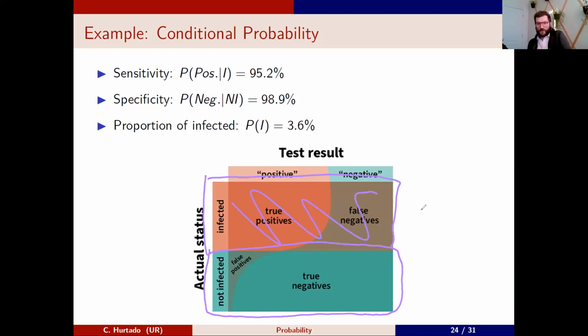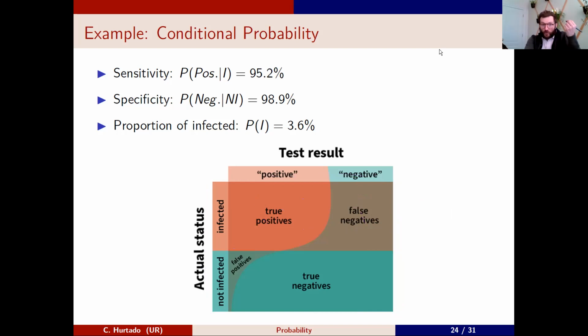So this is what we call the probability of infection, and we're going to say this is 3.6%. And then the probability of positive given infected and negative given infected will relate to the formulas that I mentioned that we're going to use over and over for this specific example.